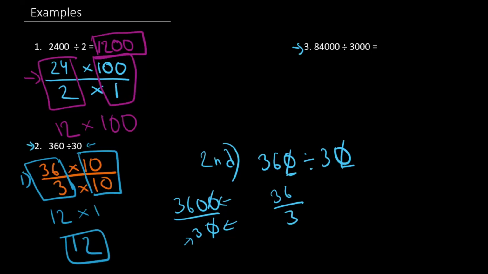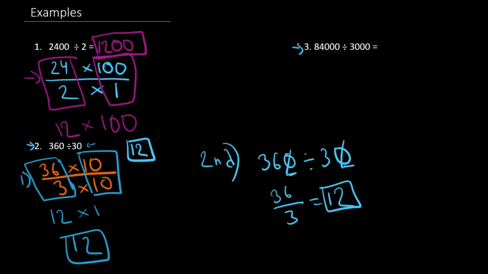So our new problem would be 360 divided by 3. Anyway, we have to do 36 divided by 3 now. Like we did before, it's 12. So our answer is 12. I personally think the second method is easier, but it's your choice. You decide.